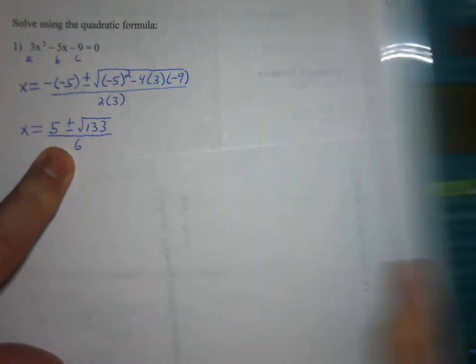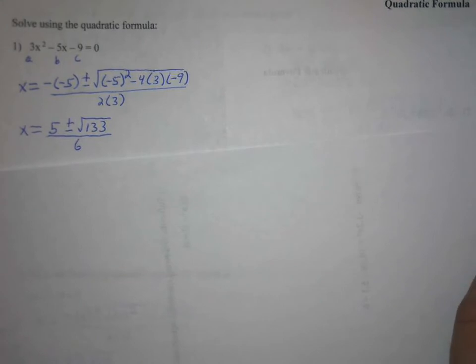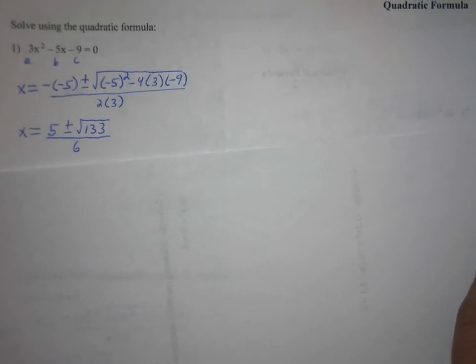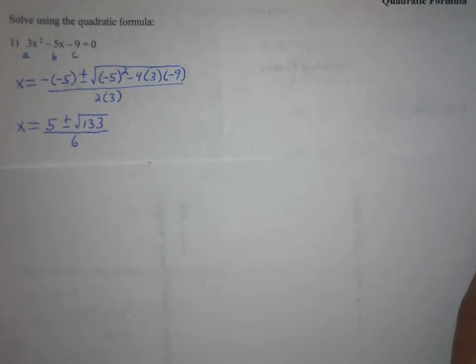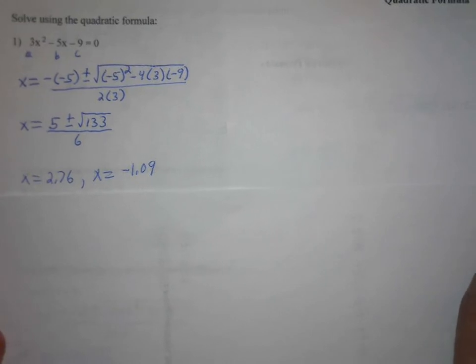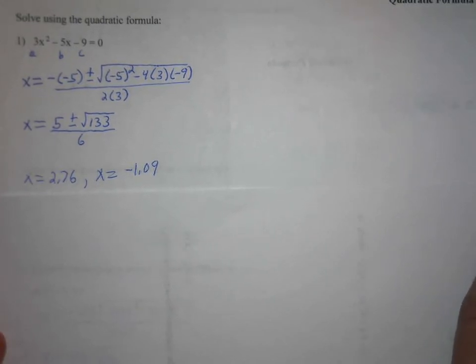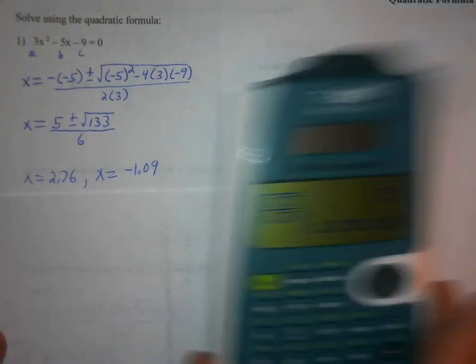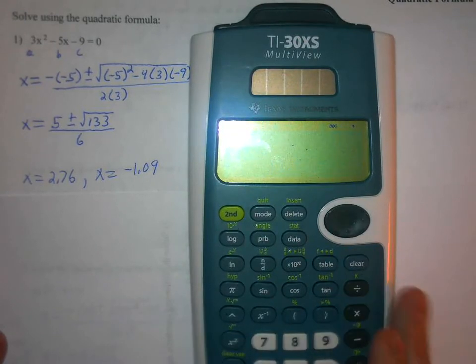Now what I will point out is that you can round to the nearest tenth or nearest hundredth if I told you to in the directions. So if you rounded these to the nearest hundredth, you would get 2.76 and negative 1.09. I'll just do one of those in the calculator to show you.